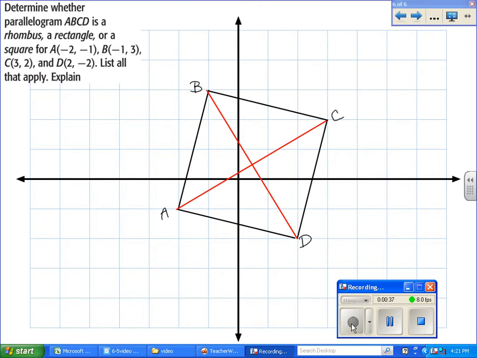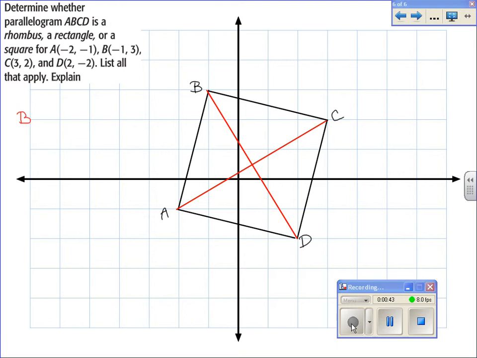So from B to D, and let's just do this with the numbers. Diagonal B to D, let's see, B is -1, 3, and D is 2, -2. All right, let's check the slope and the distance of this line.